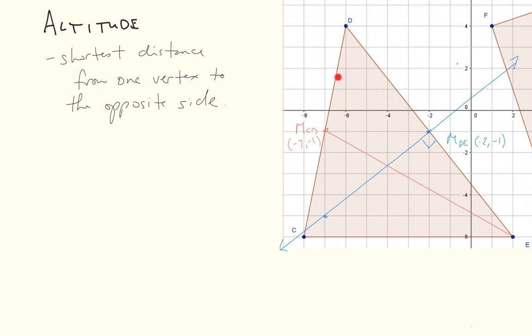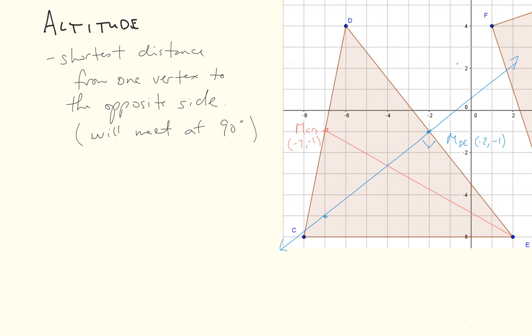We could go that way, we could go this way, we could travel like this. And by examining a couple different ways of getting in a straight line from D to this side, I think it's not too much of a stretch to say that the shortest distance will always happen when we come at it directly. And by directly, we mean that we will meet it at a right angle. So it's worth noting that it will meet that side at a 90-degree angle, or a right angle.